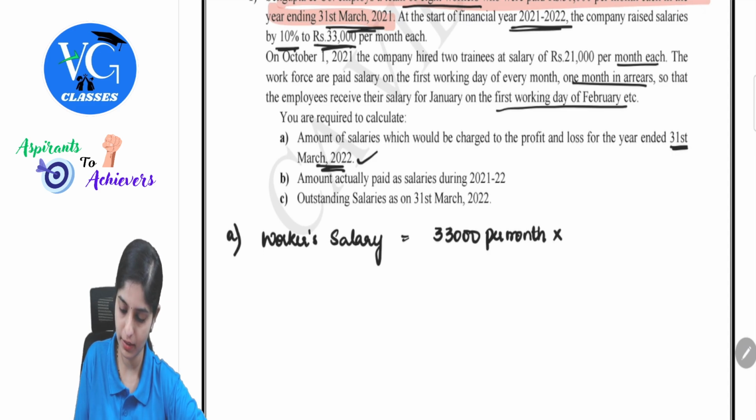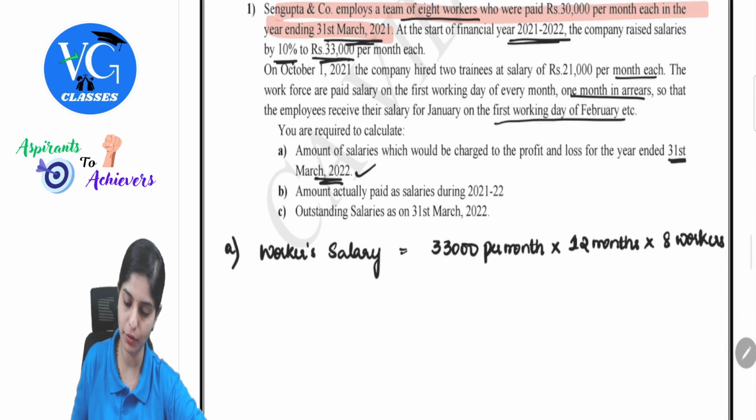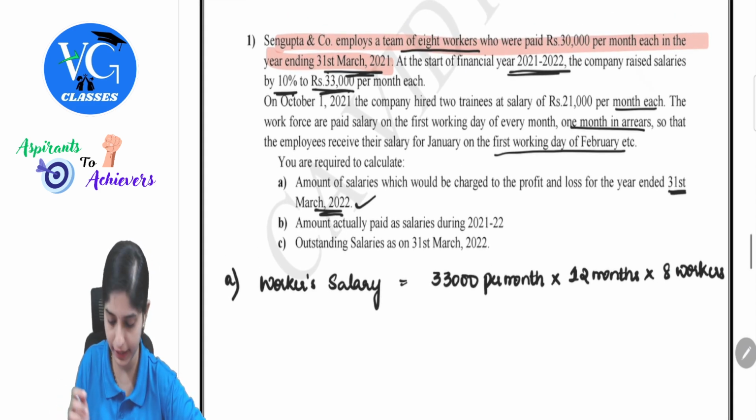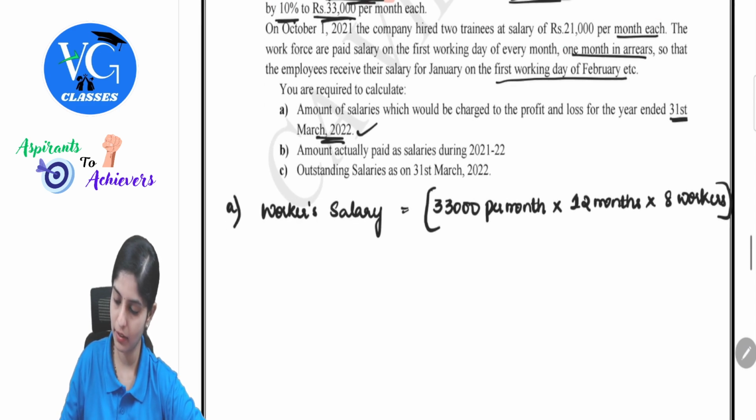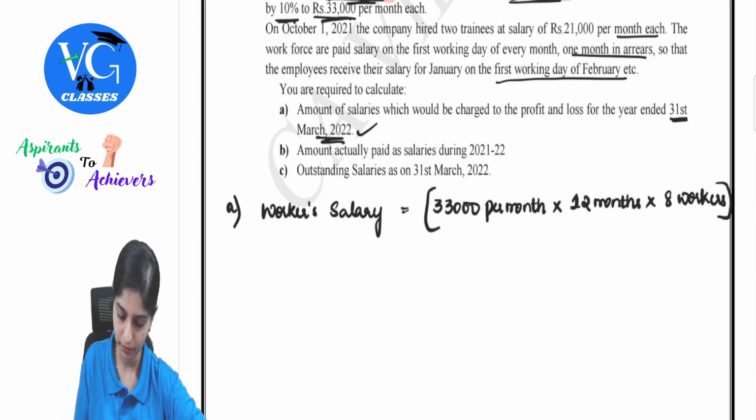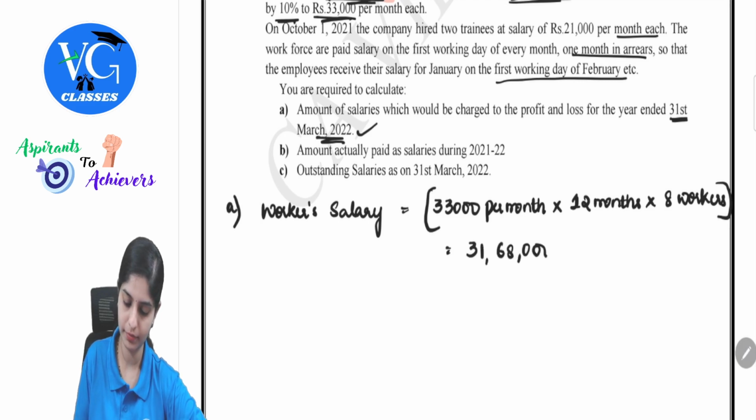How many months? I will have to record it for 12 months into 8 workers. First, I am recording this for workers. Then we will look at trainees. How much will this be? 33,000 into 12 into 8. 31 lakh 68,000.